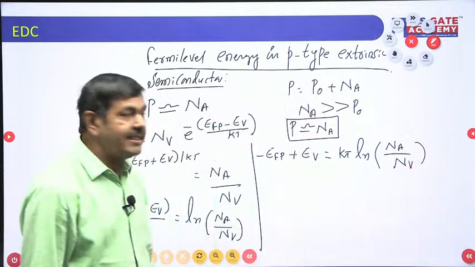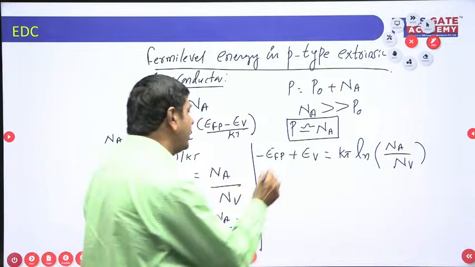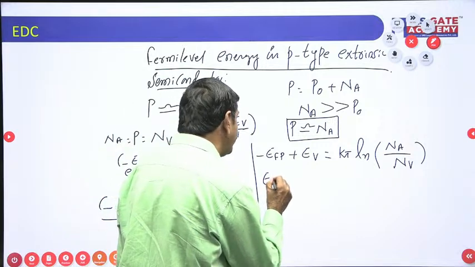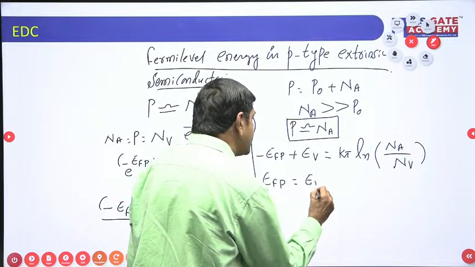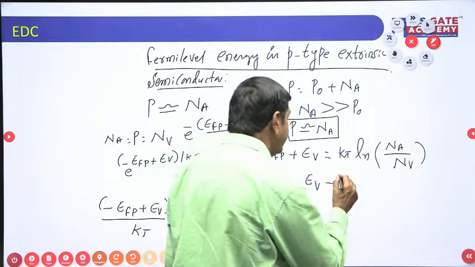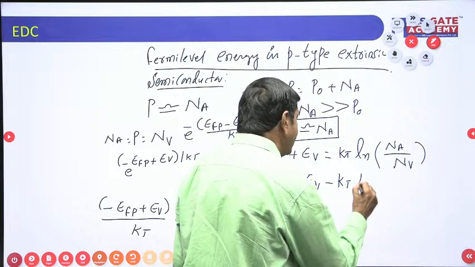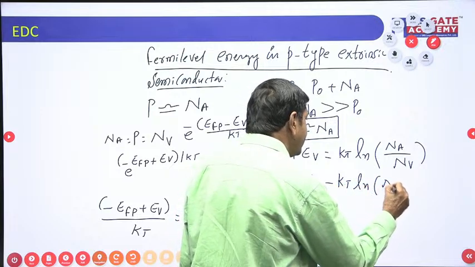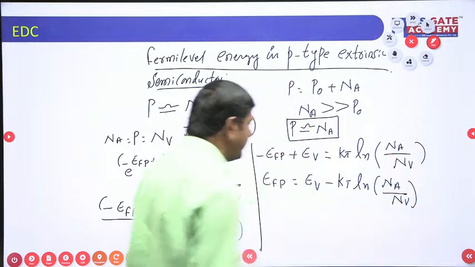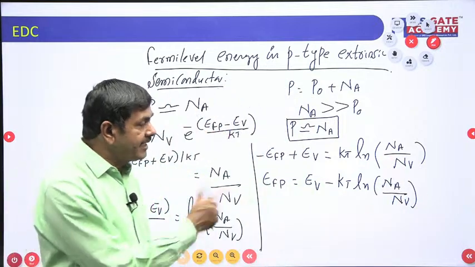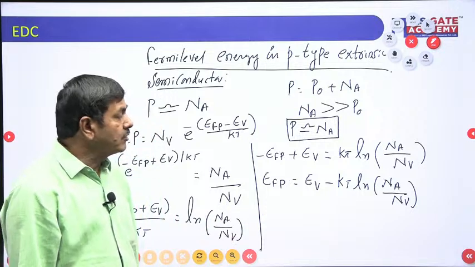But I want EFp, the Fermi level in p-type extrinsic semiconductor. EFp is required. EFp is nothing but Ev minus kT ln of Na by Nv. Now this formula cannot be taken directly here. Why should it not be taken like this, sir?